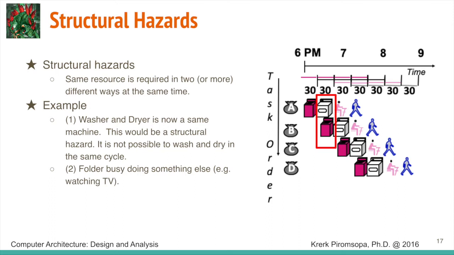For example, if the washer machine and the dryer machine happen to be the same machine, meaning you cannot start washing the next batch because that same machine is still used by the first batch for drying.